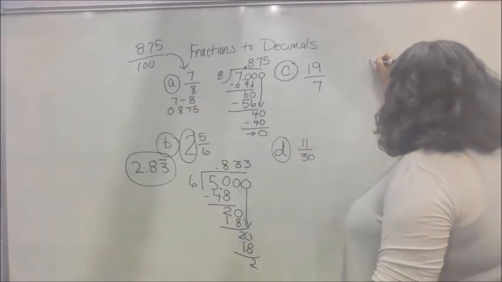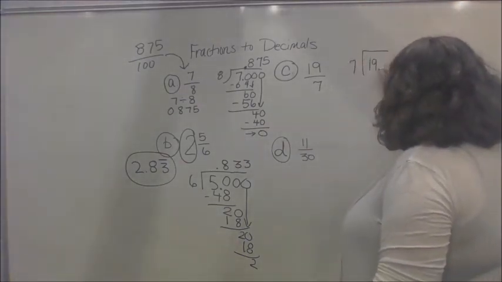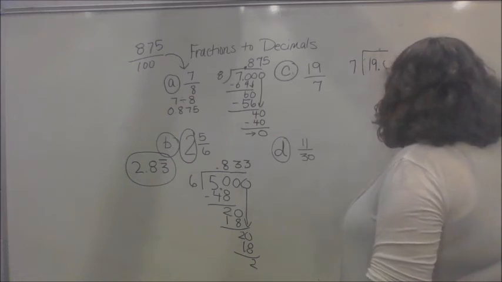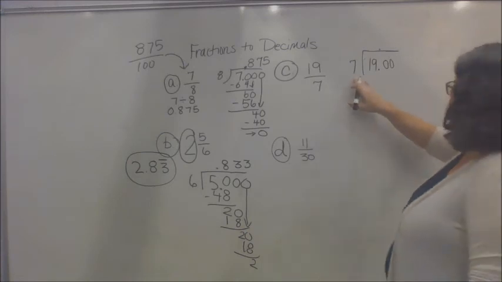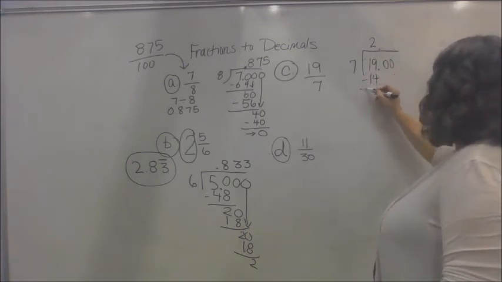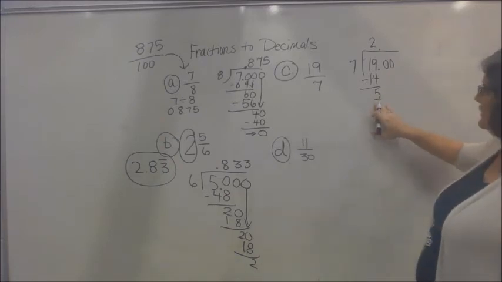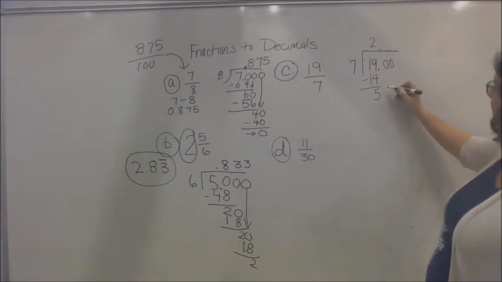So we're just going to go ahead and put 19 in the division bracket, 7 on the outside. I'm going to add a decimal, and again, I just like to go ahead and add my 2 zeros. 7 goes into 19 2 times, which is 14. I know that I'm good to go here because the remainder of 5 is less than that divisor of 7.